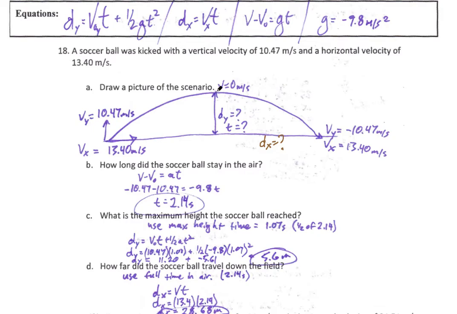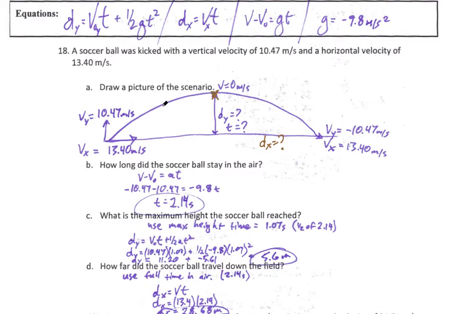We also know that the velocity at this position right here is 0 meters per second, and that stands for every single problem. Even if this velocity over here were larger, it could be 1,047 meters per second instead, it would just go a lot higher, but the highest point would still be 0 meters per second.